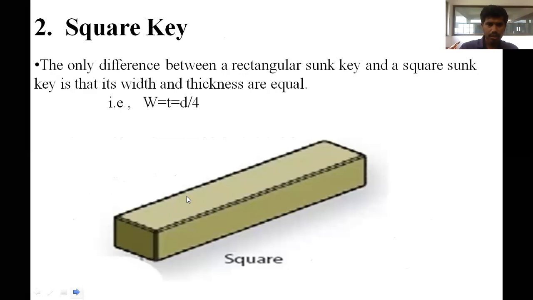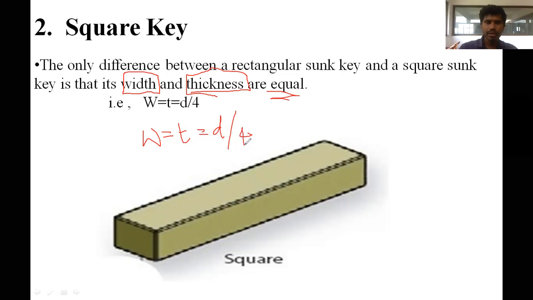Next, square keys. The only difference between rectangular sunk keys and square keys is that in square keys the width and thickness are equal. Here the width W is equal to the thickness, which is D by 4, where D is the diameter of the shaft.